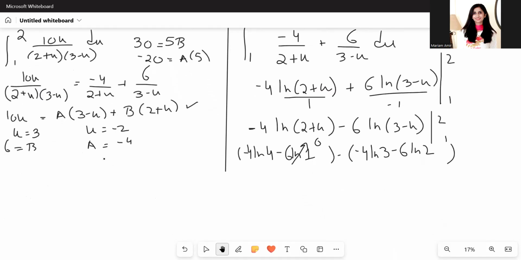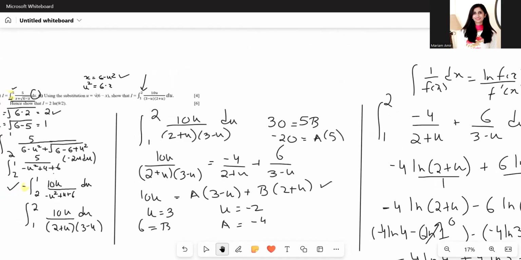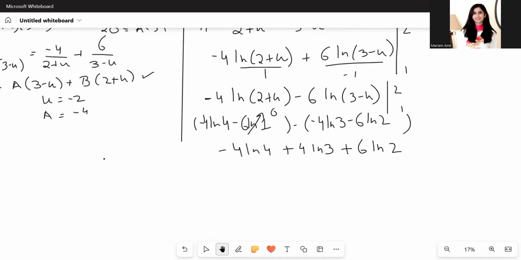Okay, now we need to simplify this. So minus 4 ln 4 plus 4 ln 3 plus 6 ln 2. Okay, now we need to change it into 2 ln 9 over 2. So first let's move all these three coefficients into powers. So we get minus ln, what is 4 power 4?